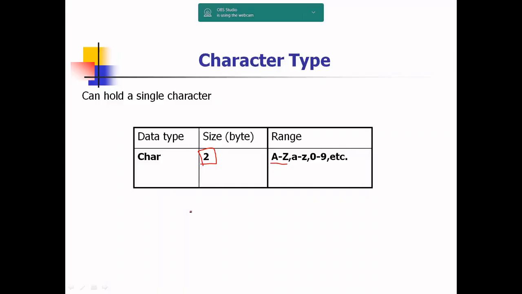We can declare a character variable in Java in a similar way like we declare a character variable in C. So we can declare it as char, then your variable name, let me say c. If you want to store a value into it, you can say equals to in single quote. So you have to enclose your values in single quote if you want to store it in the character variable. So 0.